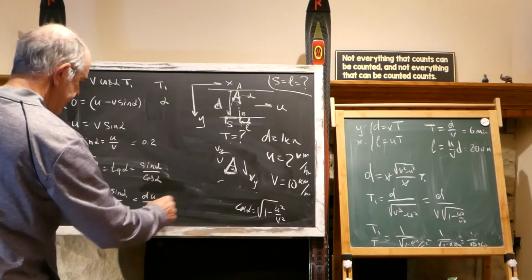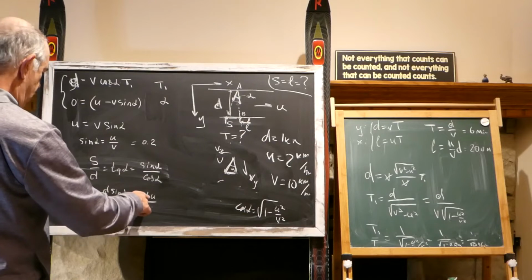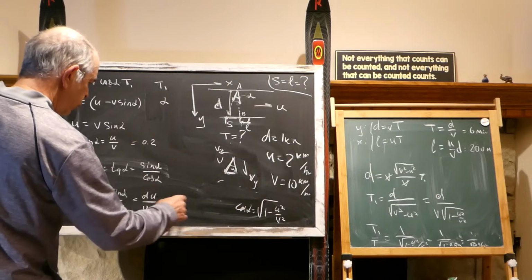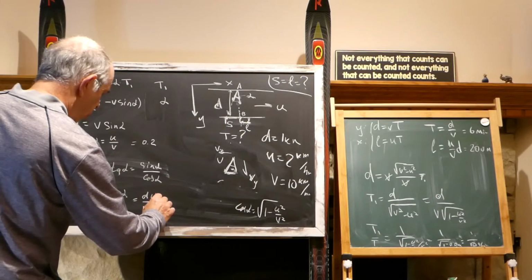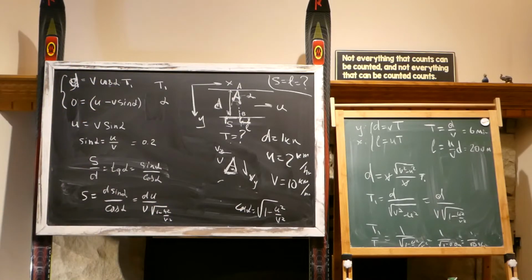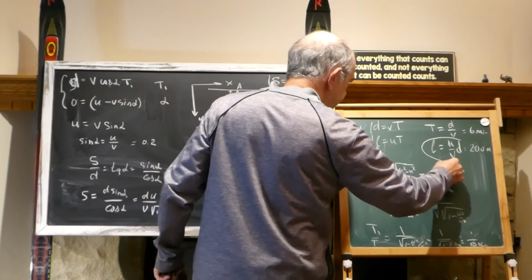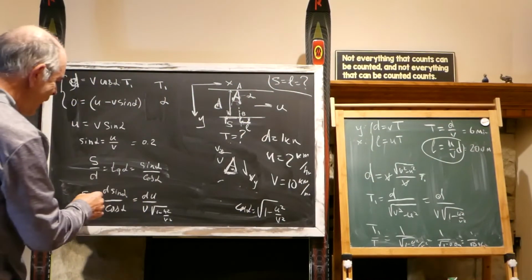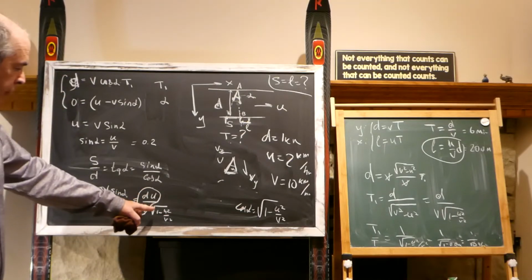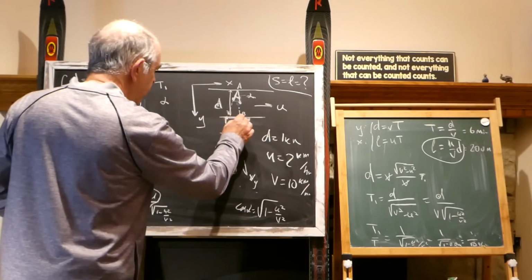And so we put this cosine alpha here, and this would be d sine alpha, u over v, and here we put cosine alpha, the square root of 1 minus u squared over v squared. Okay? So we have this formula here, so it's exactly like this. But after that, we have to divide it by the square root, which is a small number. So S becomes a little bit longer.